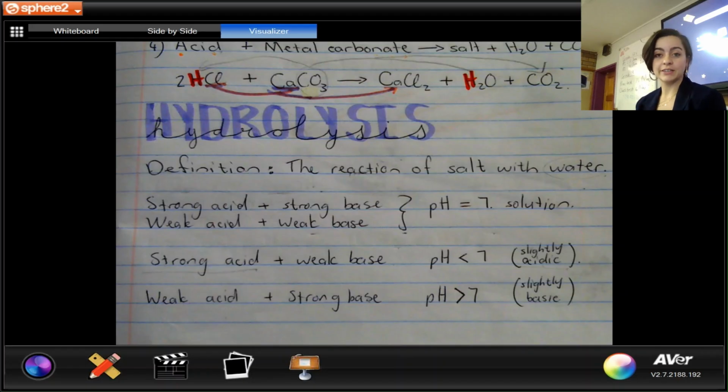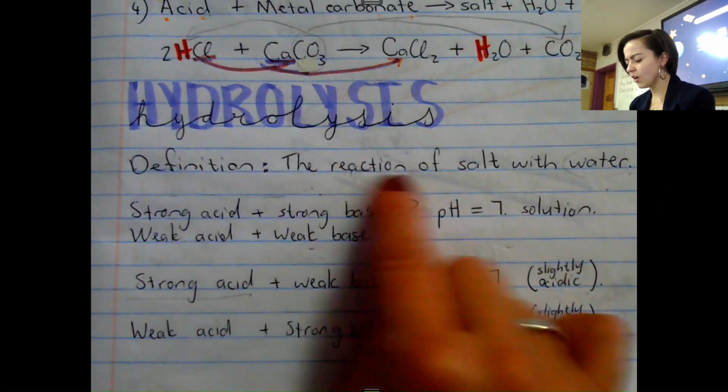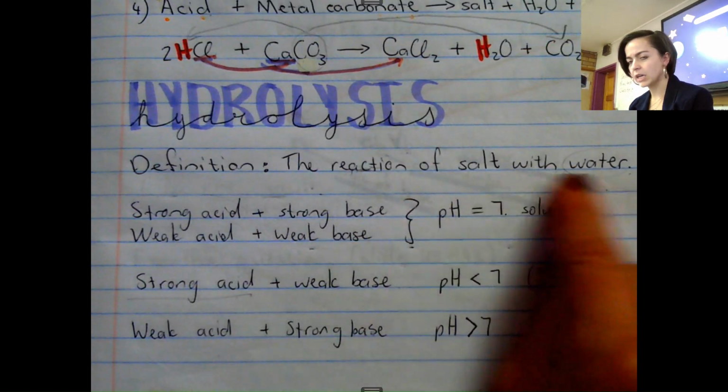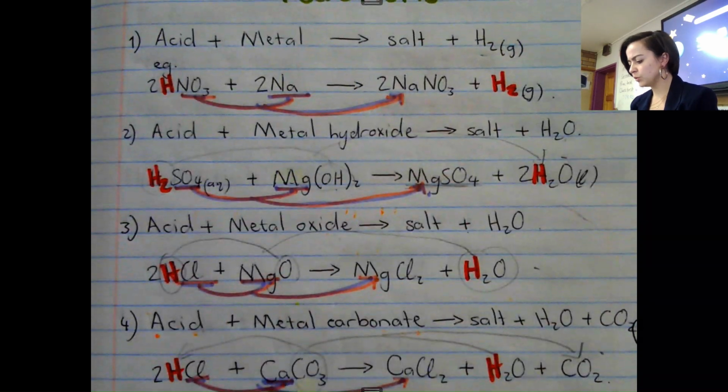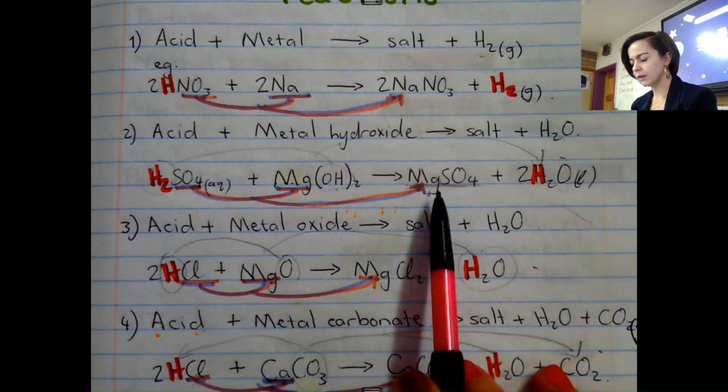All right. Next one we're going to do is hydrolysis. So what is hydrolysis? Hydrolysis is the reaction of salt with water. So we just did neutralization reactions, right? And we saw all these different salts forming.